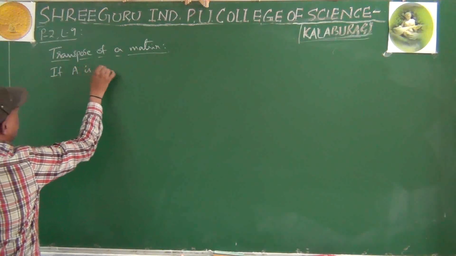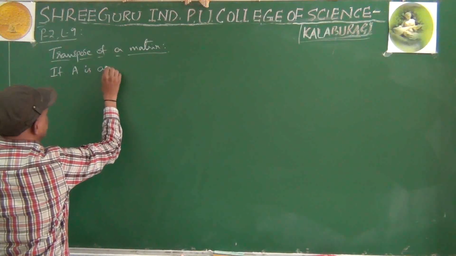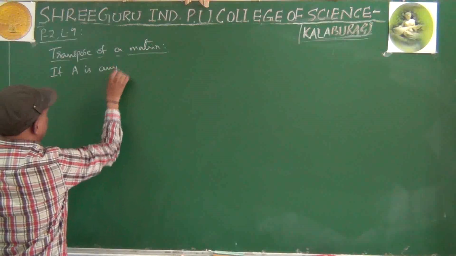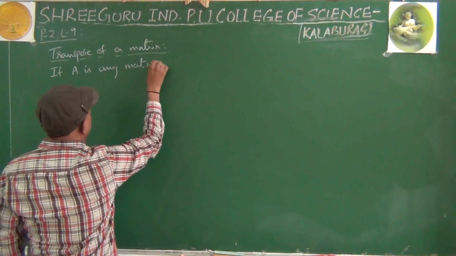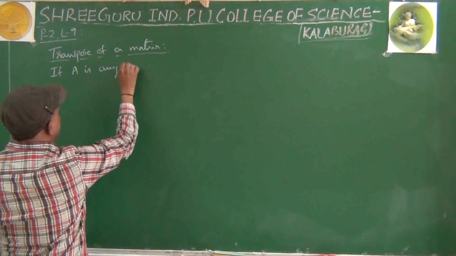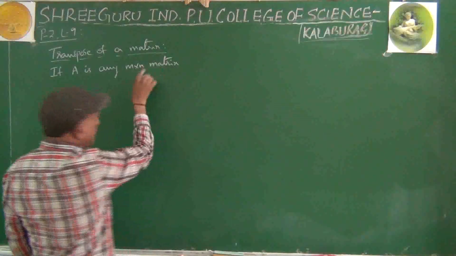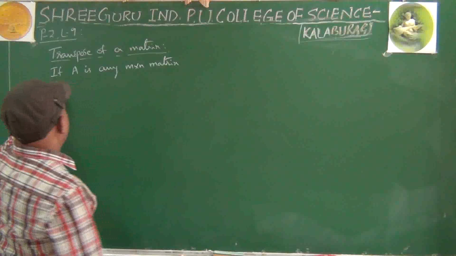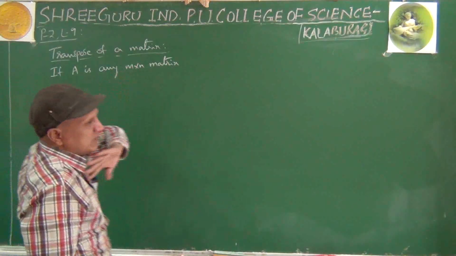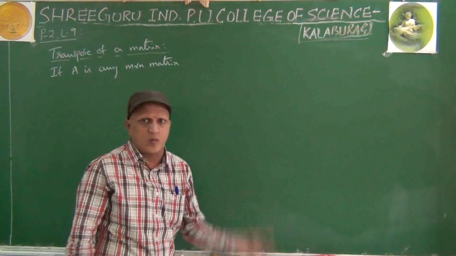If capital A is any matrix, any m by n matrix. If we mention that order, then it will be more specific. If capital A is any m by n matrix, maybe square matrix, maybe other than square matrix, maybe column matrix, maybe row matrix.